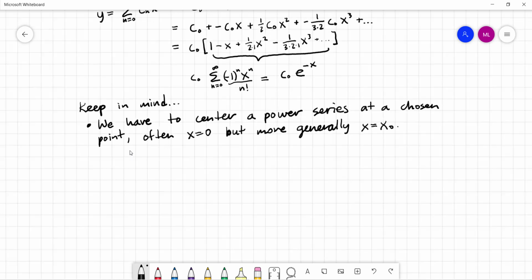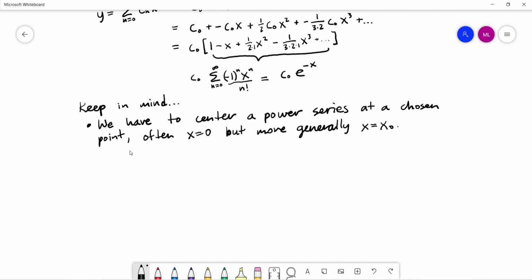And if this was the case, if we picked x naught, what we would have is that instead of y being equal to the sum from n equals 0 to infinity of cn x to the n, it would be x minus x naught to the n. This is what we mean when we say centered at x naught. For all the examples that we're going to do, we're going to only focus on centering it at x equals 0. So we won't have this extra term here.